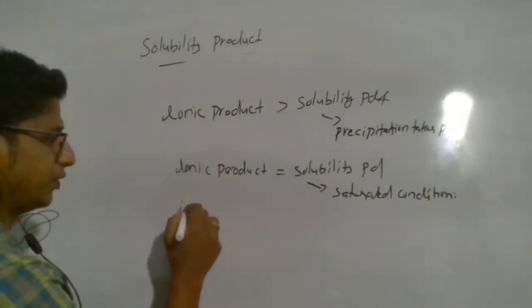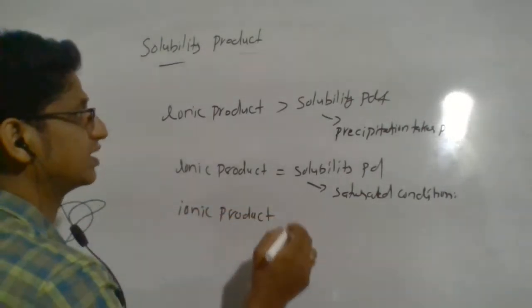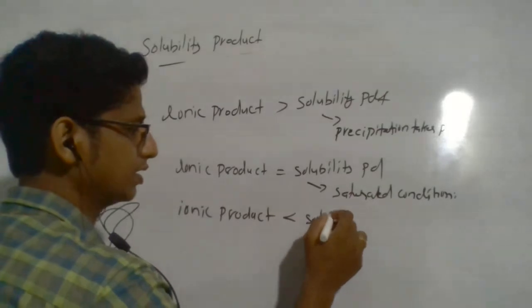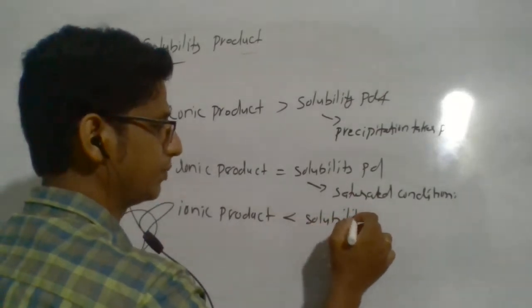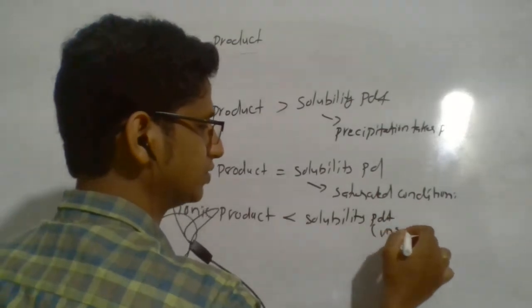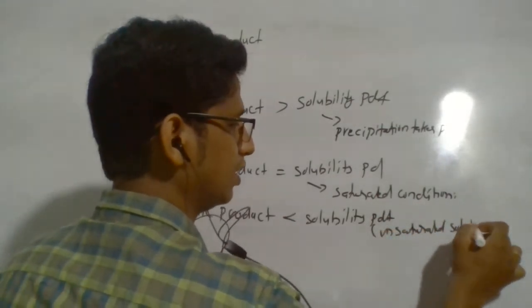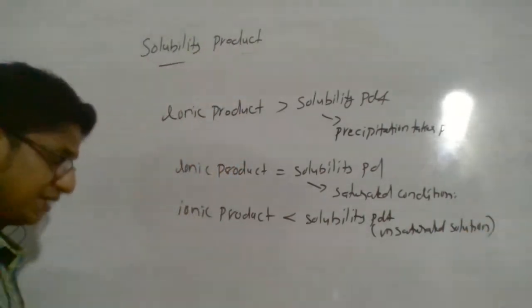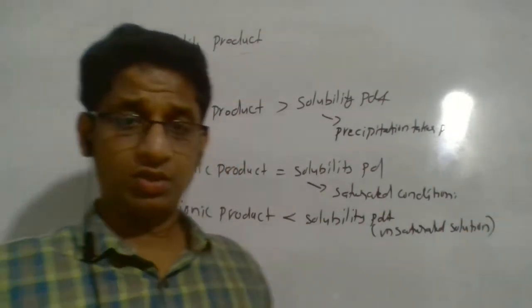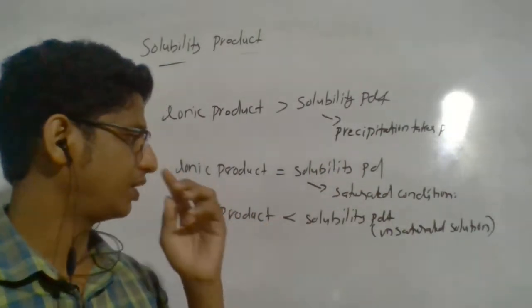Now if the ionic product is actually less than the solubility product, that condition you can call an unsaturated solution. In that condition, more amount of solute can be dissolved.